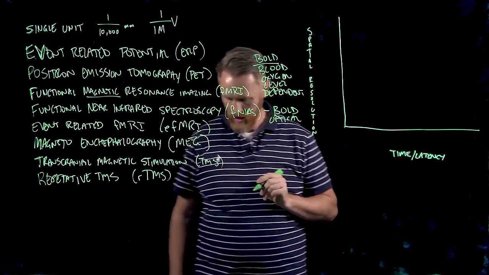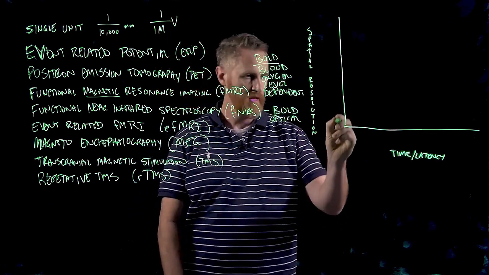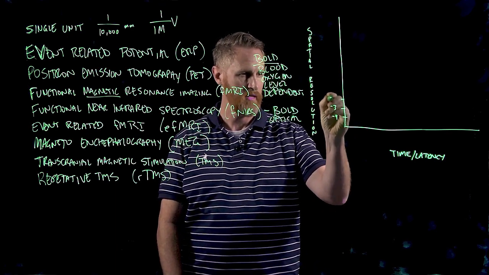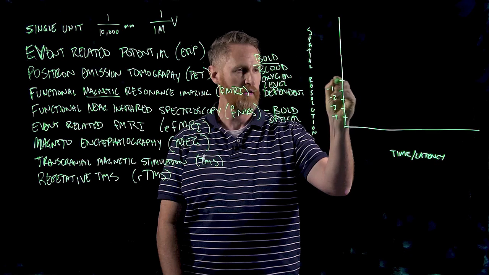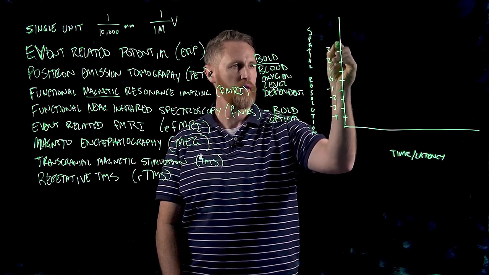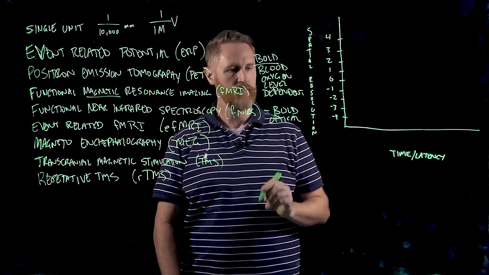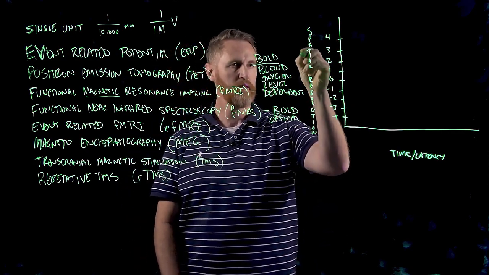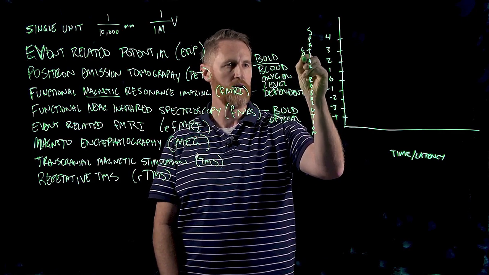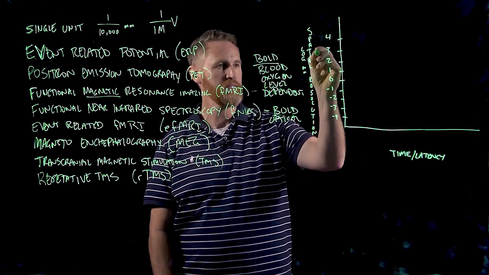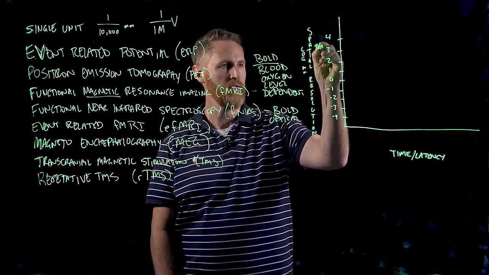Okay, spatial resolution. So I'm going to create a little scale here. We'll make this -4, -3, -2, -1, 0, 1, 2, 3, 4. And this is going to be on a log millimeter scale, right?